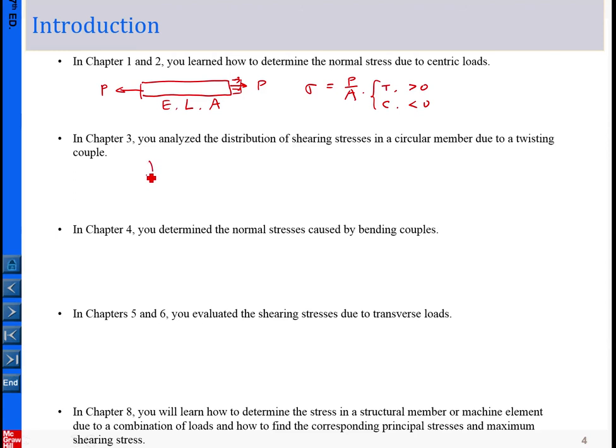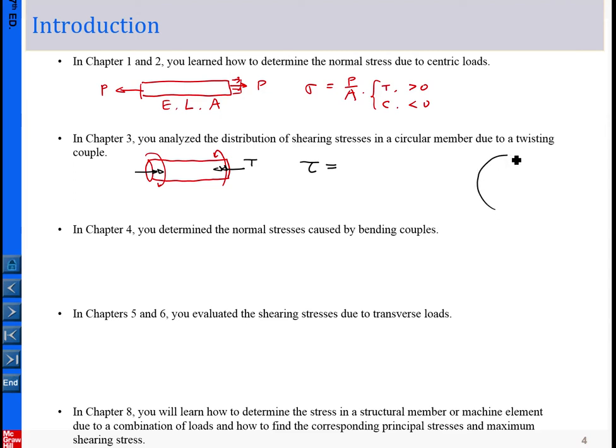In chapter 3, what we learned is a material model we call a shaft. For example, here we have this, and if you apply the right hand rule, the torque is in the double arrow system like this. Let me call this T, torque. In chapter 3 we learned that this induces shear stress.